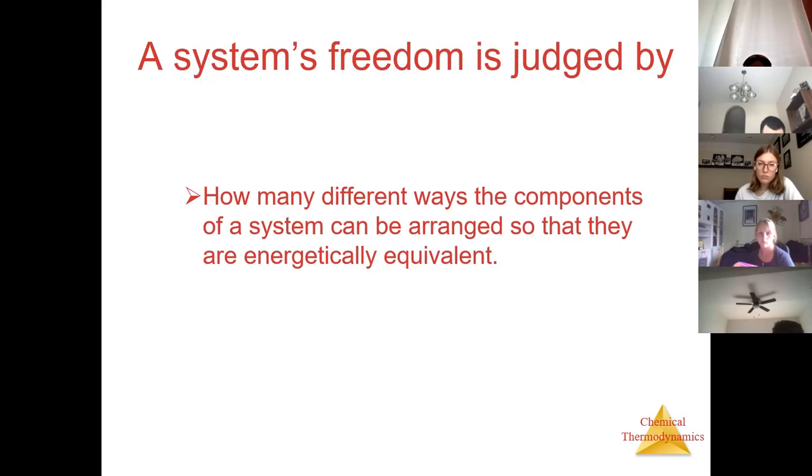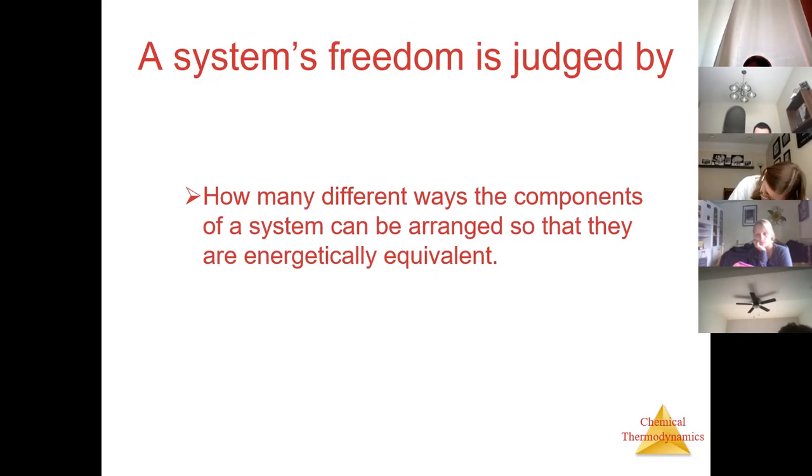Now, when we're dealing with a system, we're talking about how many different ways you can arrange components so that they're energetically equivalent. That's really what we're talking about when we're dealing with a system's freedom. How many different ways can we arrange things? How many ways can we put those cats in those 2 rows of 3 such that we have them all to be energetically equivalent?